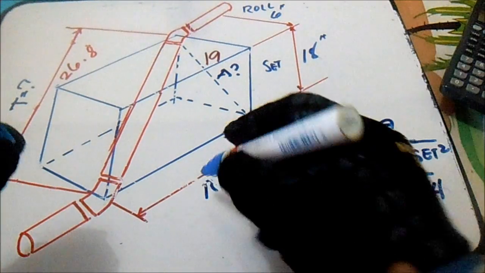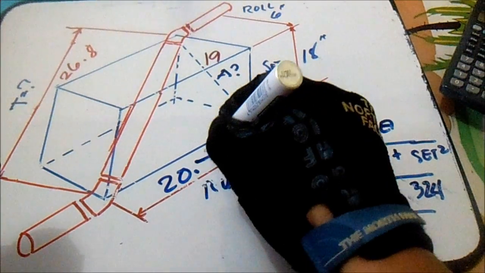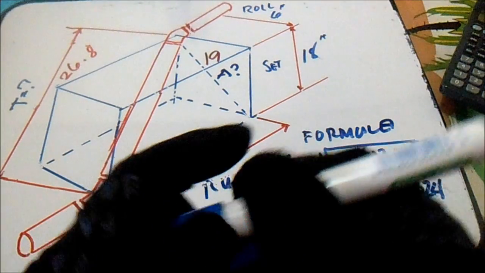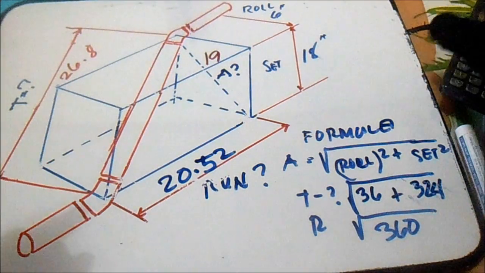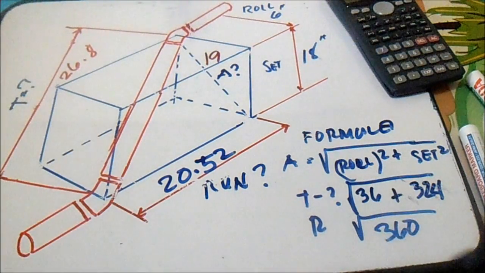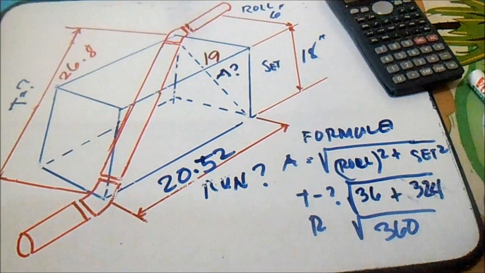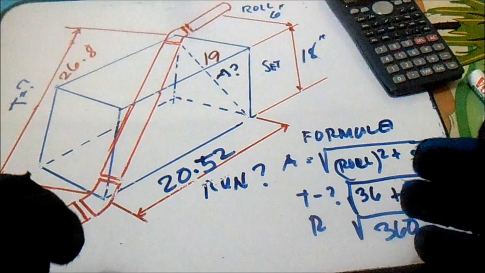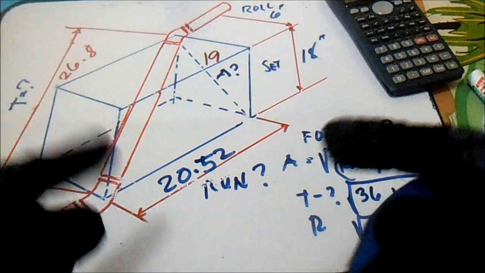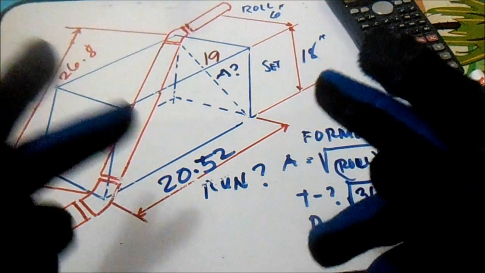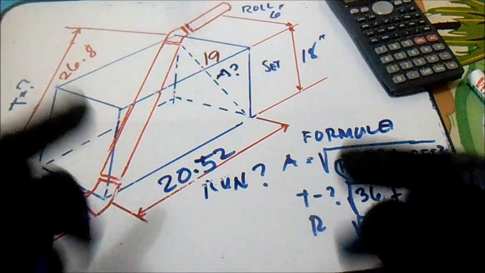So this is our answer here, run is 20.52. So a very easy formula to get this 45-degree rolling offset. Just take note of all these formulas and how to get this travel, run, and A using this solution.